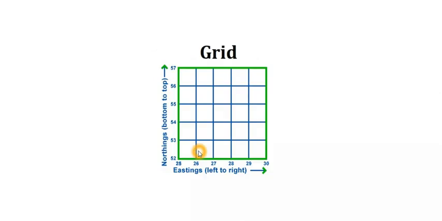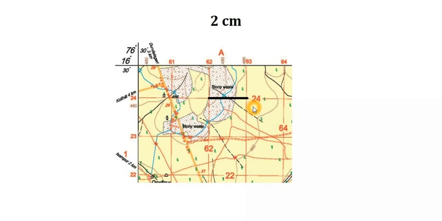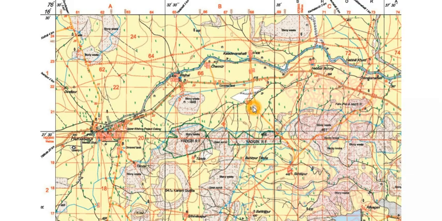So the grid which is formed by eastings and northings together is used for representing locations or places in a topo sheet. The reason is very simple, because in a topo sheet we are showing very small areas, which cannot be located using latitudes or longitudes, because they are even smaller than the distance between two latitudes and longitudes.